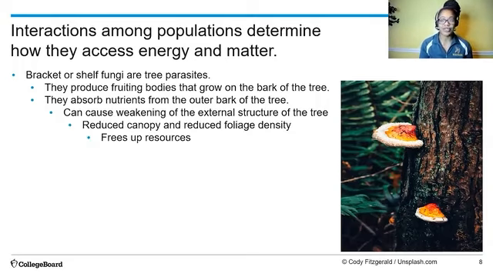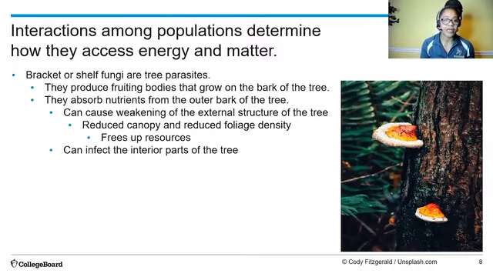They might have reduced canopy, which means the coverage of these leaves and foliage in the community. This potentially could cause less photosynthetic ability, or less ability of the tree itself to make its own food. However, that does free up some resources for some other organisms, and we'll talk about that.